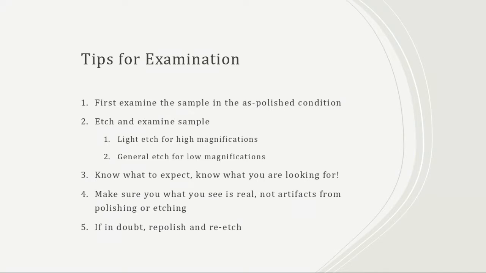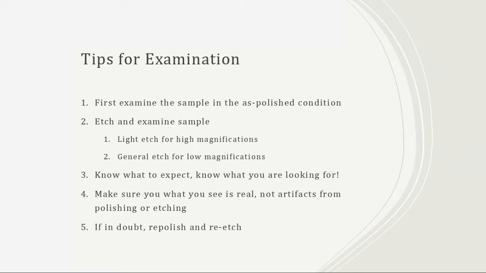Make sure, when you're doing your examination in the as-polished and/or etched condition, that what you're seeing is real. Going back to those dust and particles on the objective lens, they're going to produce dark spots on your sample, but are those real?